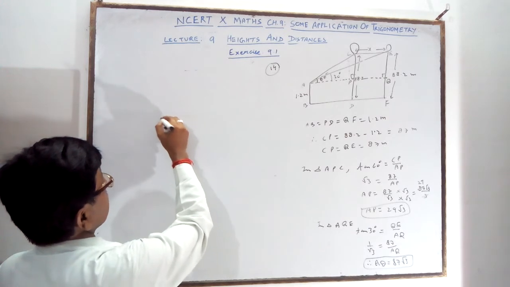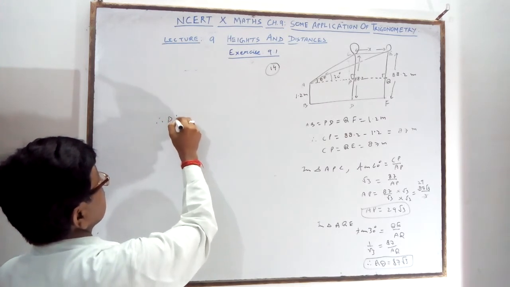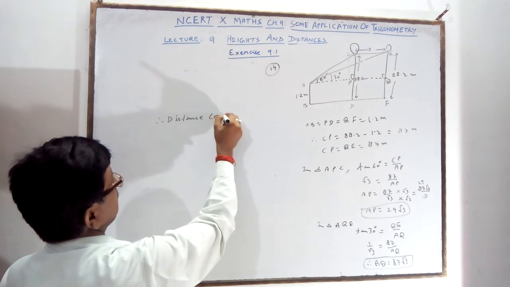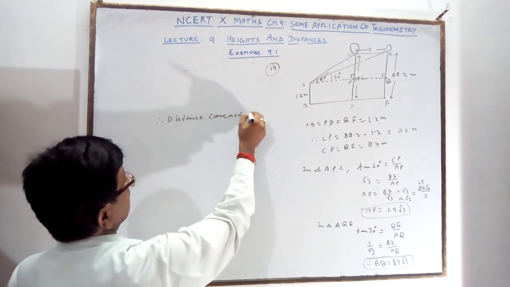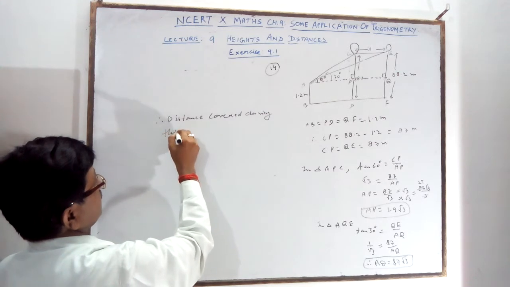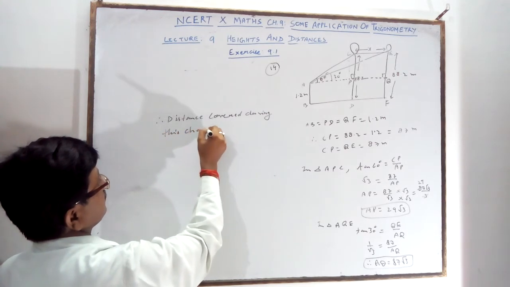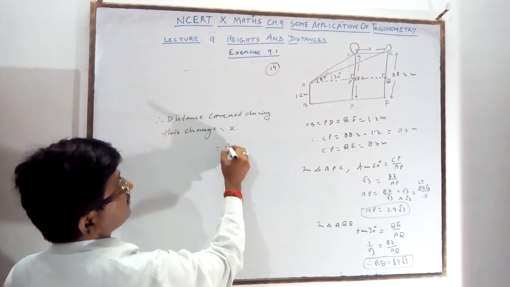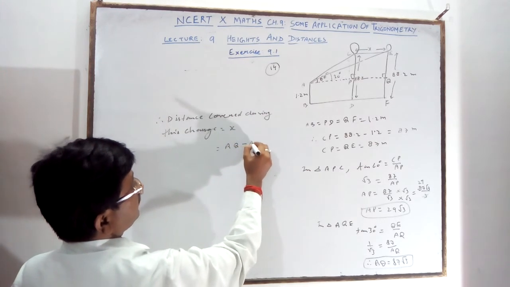So the distance covered during this change is equal to X, which is AQ minus AP.